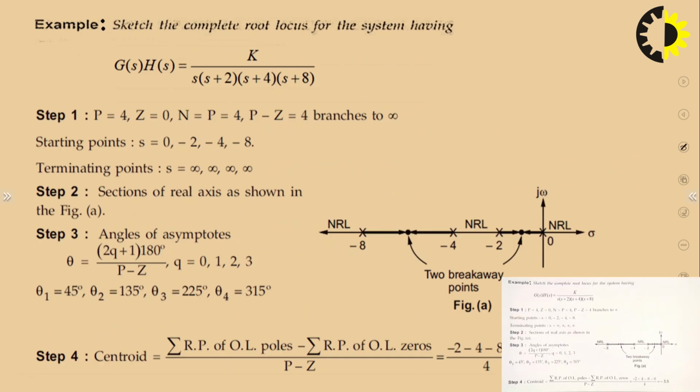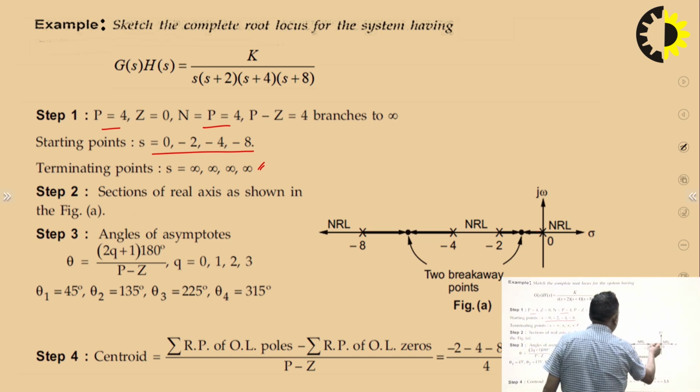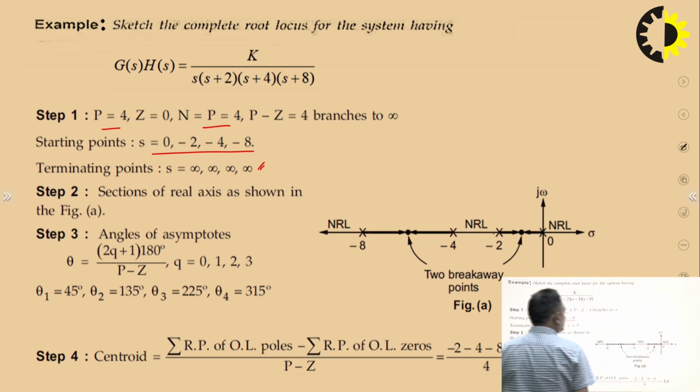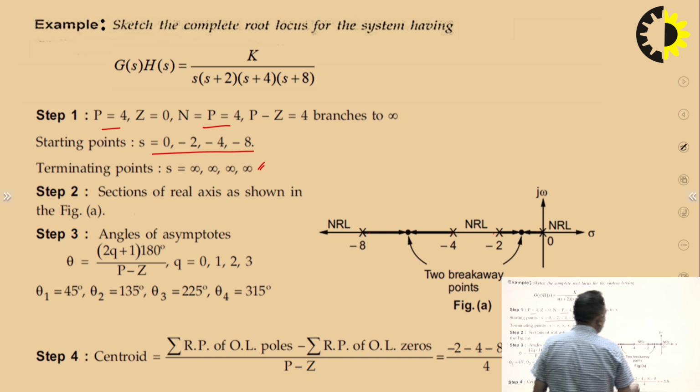So this is a similar problem. Here you can see there are 4 poles, P equals 4, and there is no zero, so there will be 4 branches. The starting points are 0, -2, -4, -8, and because there are no zeros, all the branches will terminate towards infinity. Now, a root locus section will lie only when the number of poles and zeros to the right of a point is odd.